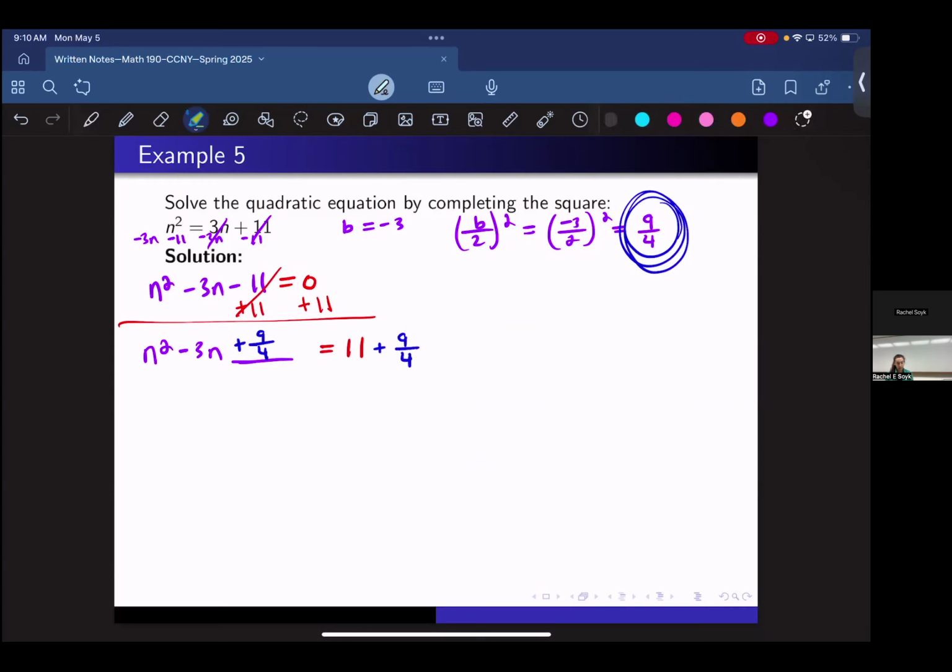Now that left-hand side is in perfect square trinomial form, so we can factor that using our yellow. N minus 3 over 2, n minus 3 over 2, which is the same as n minus 3 over 2 squared.